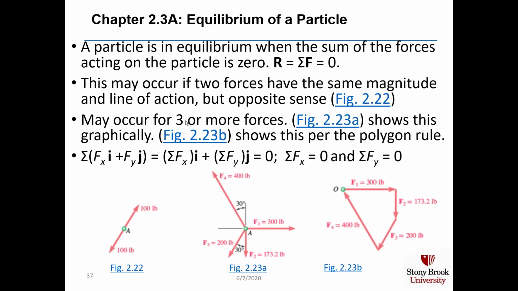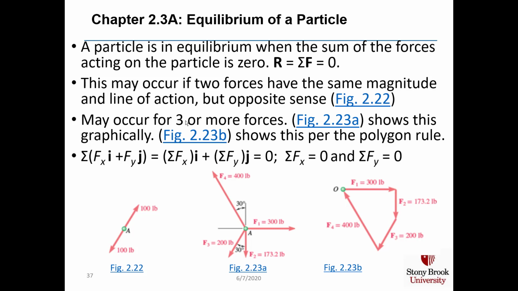A particle is in equilibrium when the sum of the forces acting on the particle is zero, which means vector R is equal to the sum of all forces F, and that has to equal 0 in order for the particle to not move, and by Newton's law be in equilibrium.